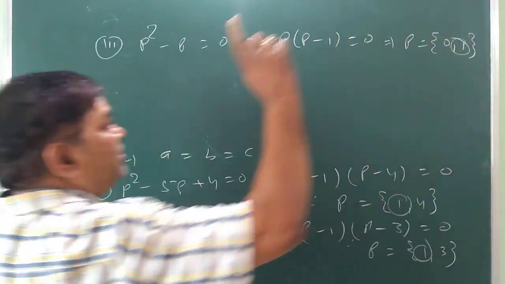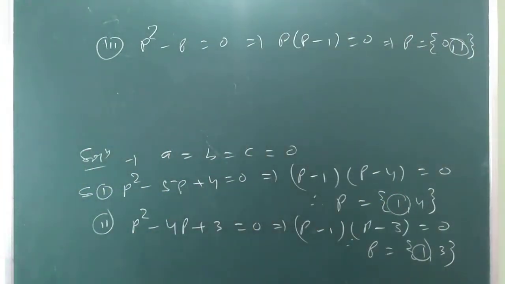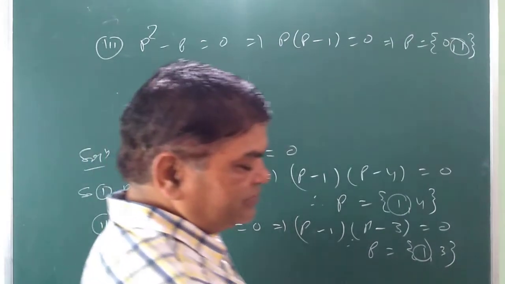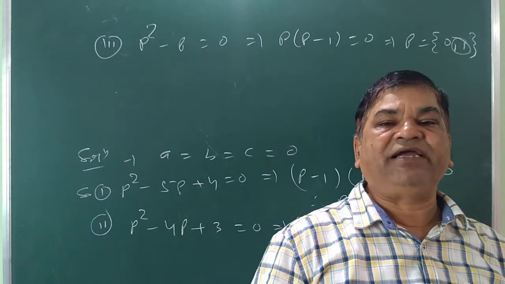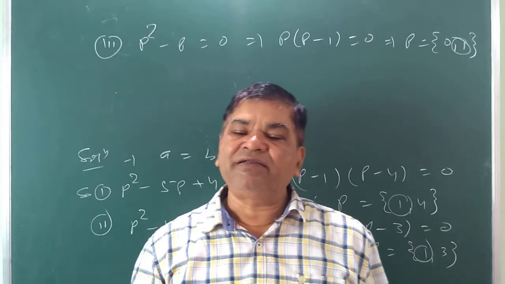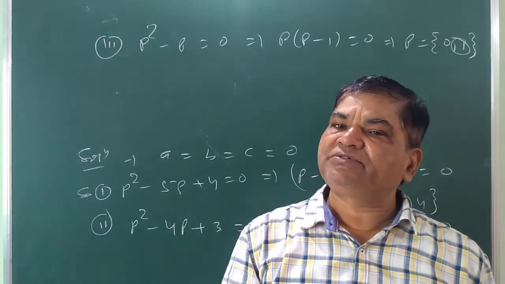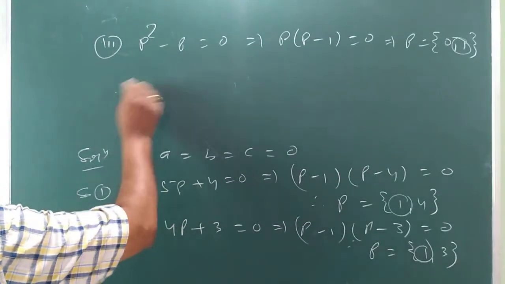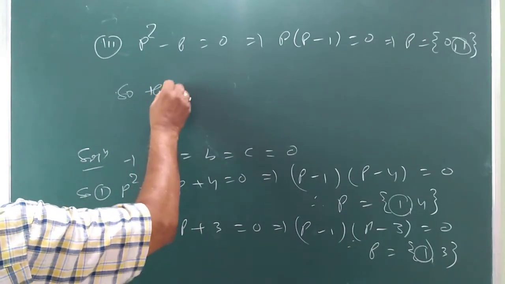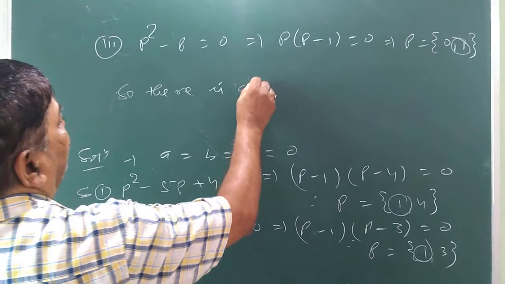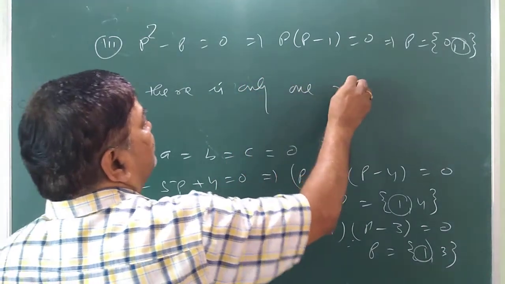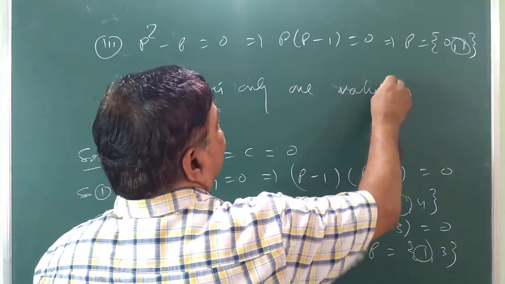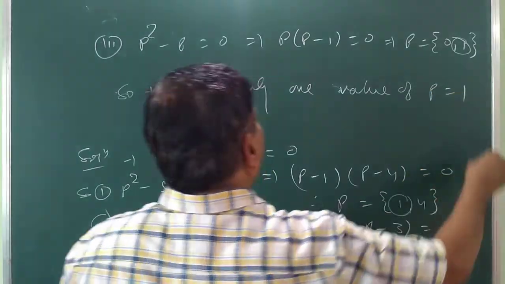So there is only one value of p for which the given equation is identity, or it has more than two roots, or has infinitely many solutions. So there is only one value of p, that is 1.